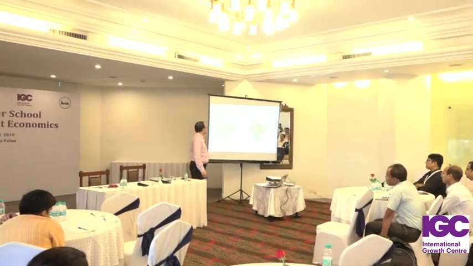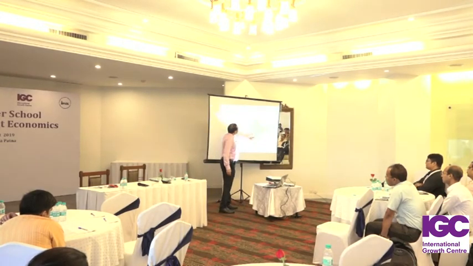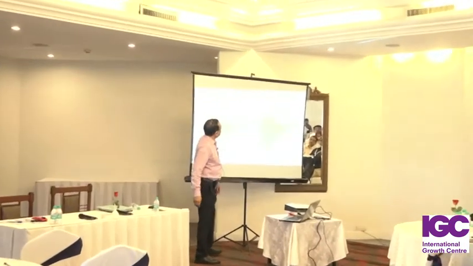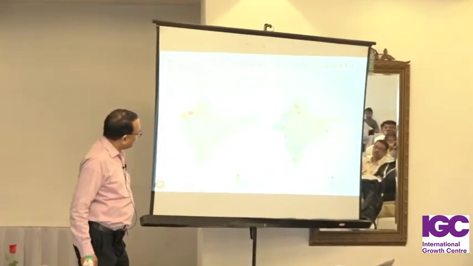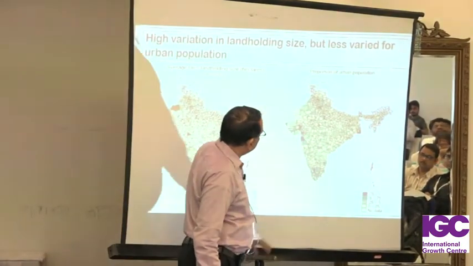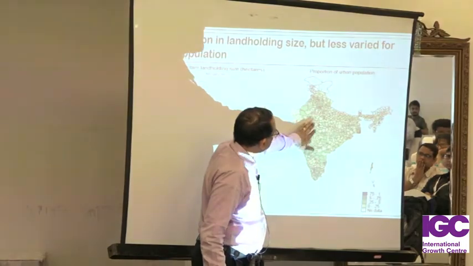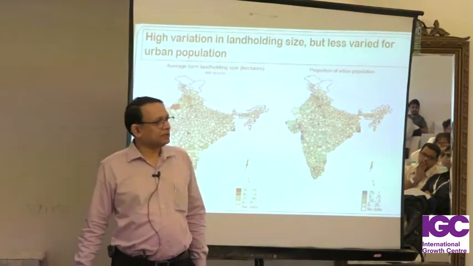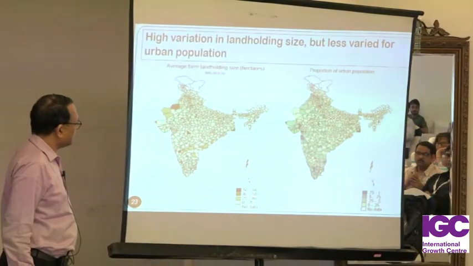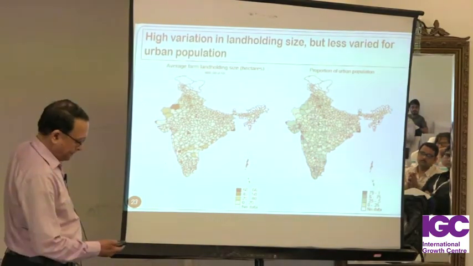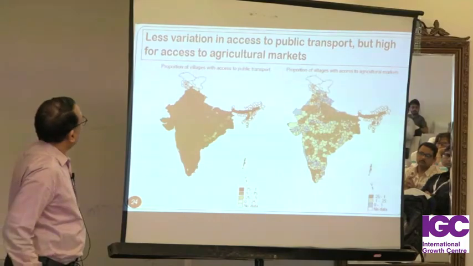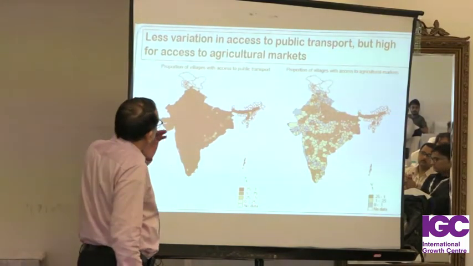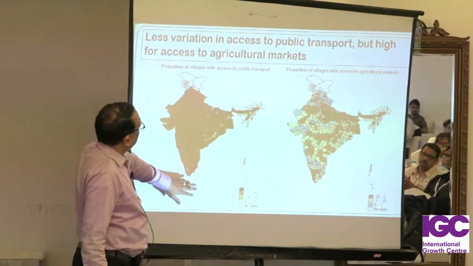Personally. This is urban population, proportion of urban population. Here you find that there are some patches which are more urbanized than other states. Less variation in access to public transport.